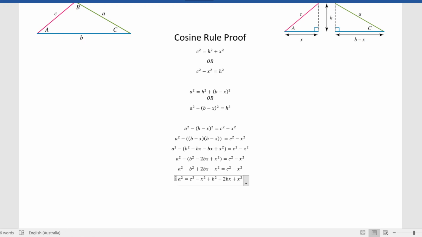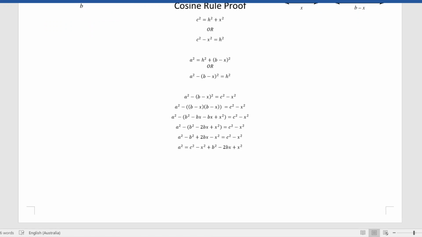Now, as I look at this equation, I'm just going to get my highlighter out again. This time I might use blue just to make it a little bit clearer. The first thing I notice is I've got minus x squared and plus x squared. They are like terms that are actually going to cancel. So we're going to cancel those out now.